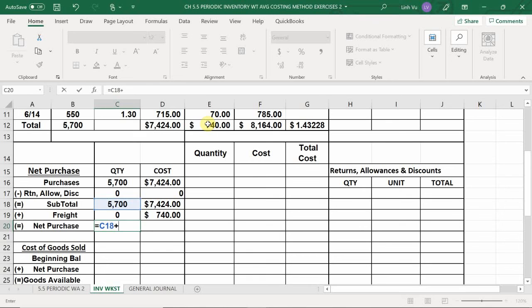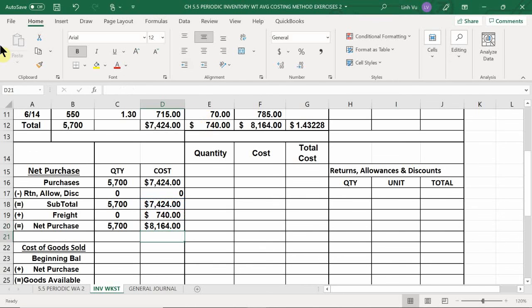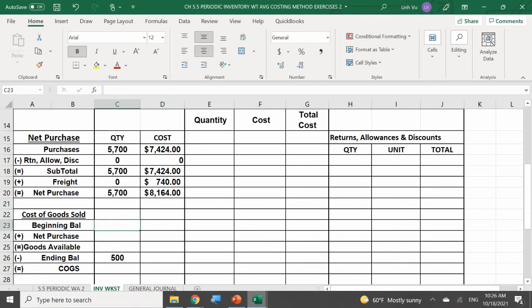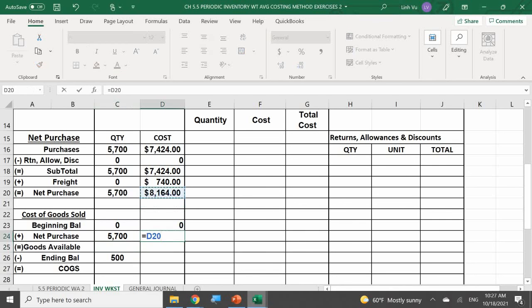So my total net purchases is going to be $8,164. Okay. Again, I don't have beginning inventory, so if I carry my net purchases down, therefore my goods available is going to be my net purchases.